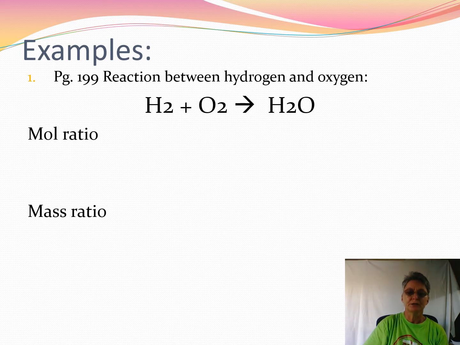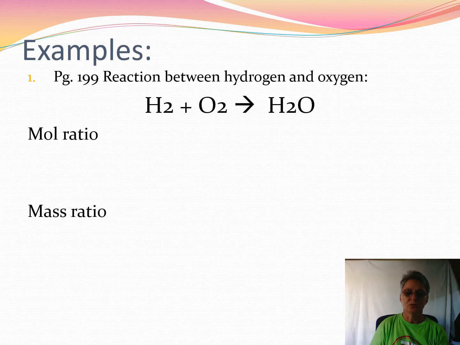You'll find the example on page 199 where they describe the reaction between hydrogen and oxygen, and they use diagrams like we did in grade 8, 9 and 10.